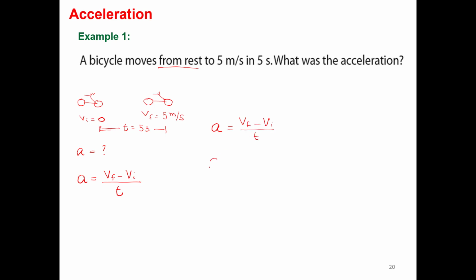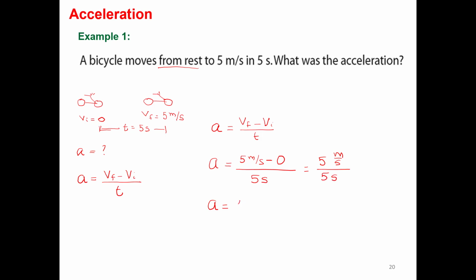Then it will be the final over time: final 5 meters per second, initial 0, time 5 seconds. We know 5 minus 0 is 5, divided by 5 seconds.